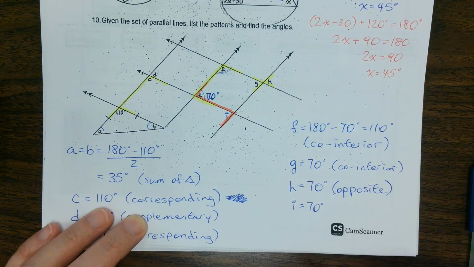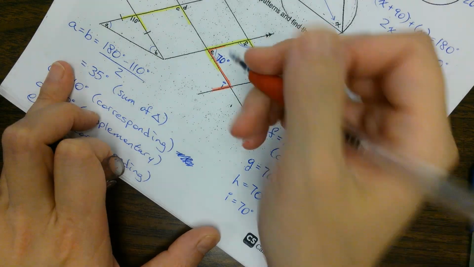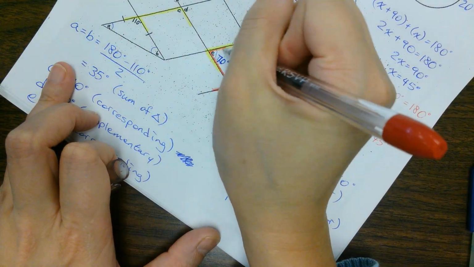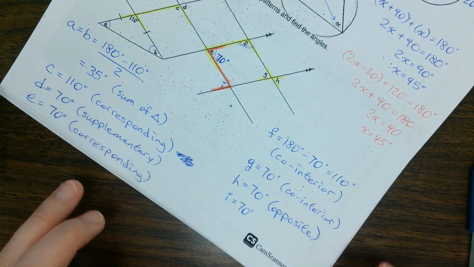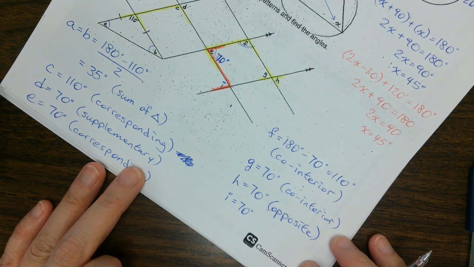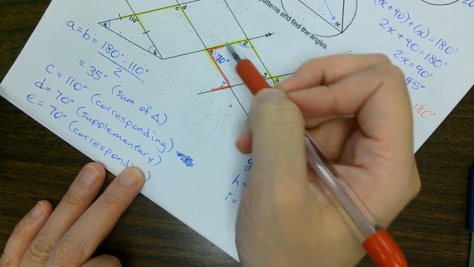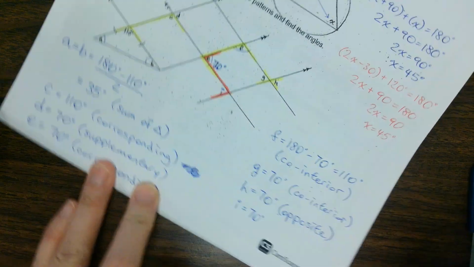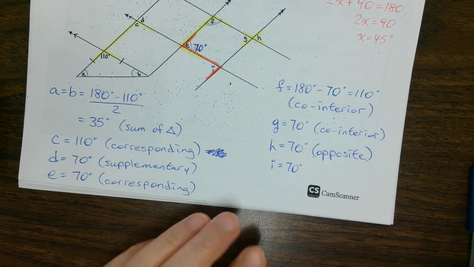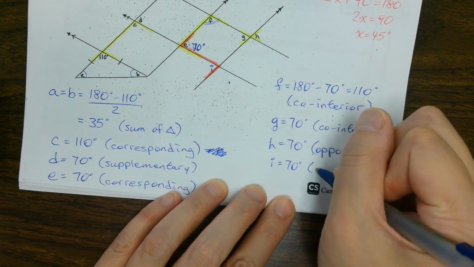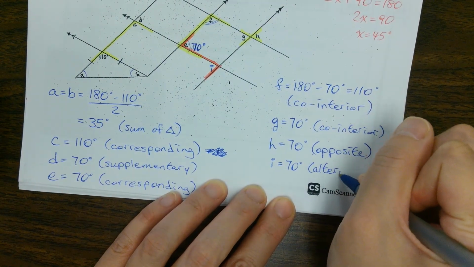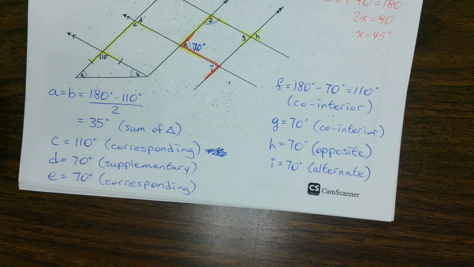Okay, so even though this doesn't look like it, it is a backwards Z. Do you call this Z or Zed? Okay, so this is the backward Z. So if this is 70, this is also 70. So the formal name, alternate. Okay.